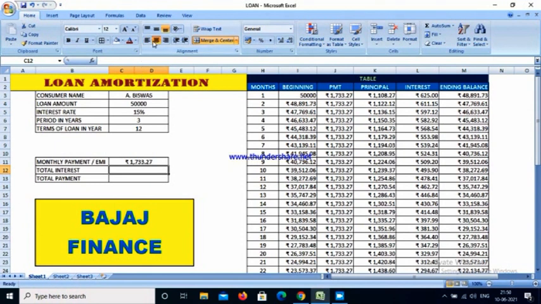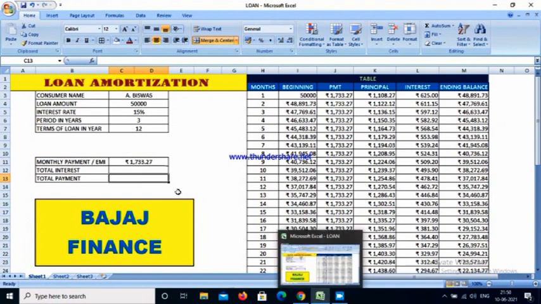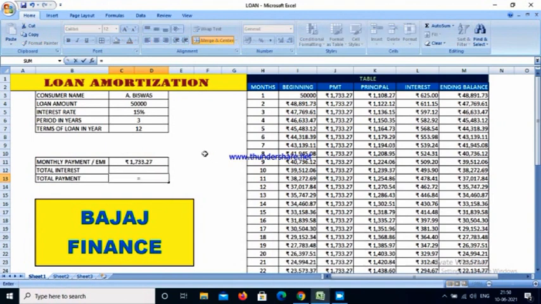Look at here, students, how to find this. Equal to symbol, 12 multiply 3 multiply your monthly amount. Press enter. Look at here, you have to pay 62,397.